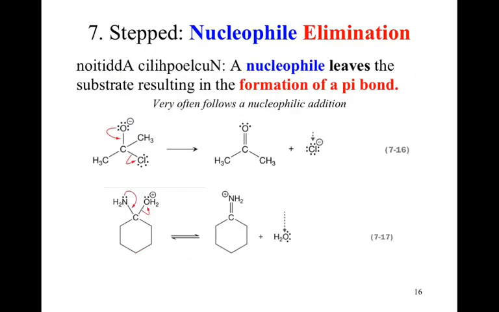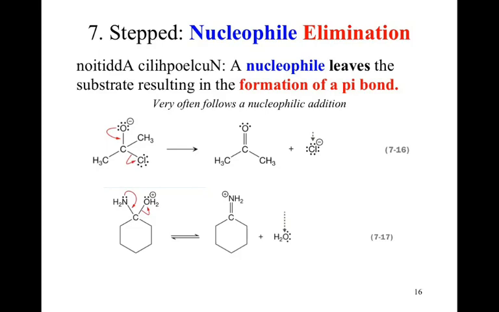Maybe it's there. The last one is our nucleophilic or nucleophile elimination. So this is the reverse of our nucleophilic addition. The nucleophile leaves the substrate, resulting in the formation of a pi bond. This means that we had to have our nucleophile leave with the electrons. It's effectively acting as a leaving group, not as a nucleophile.